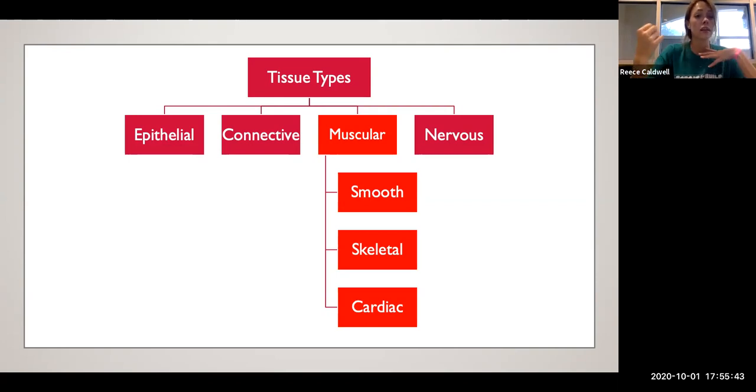So they line our esophagus, they line our stomach, they line our intestines, they line the genitalia, both male and female genitalia, and the rectum and the anus. So smooth muscle is a muscle that provides very soft contractions.